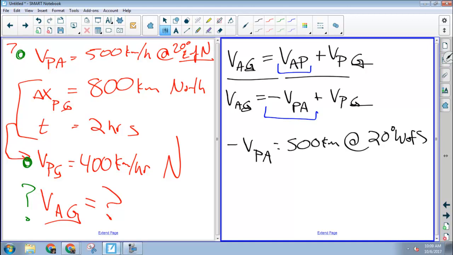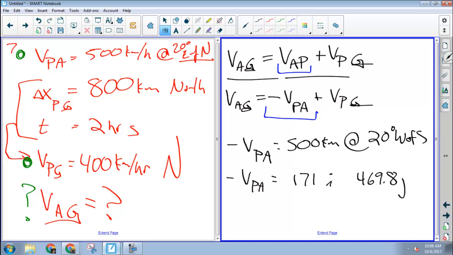All right, so now I'm going to write that out in unit vector notation. So negative VPA is 500 sine of 20, so you get 171i, and you get 469.8j.